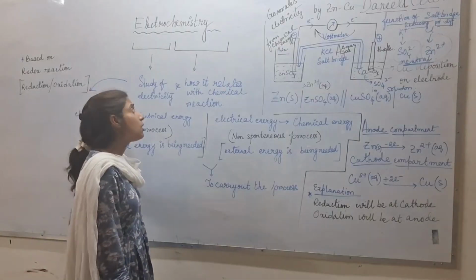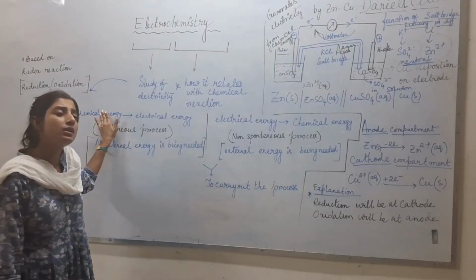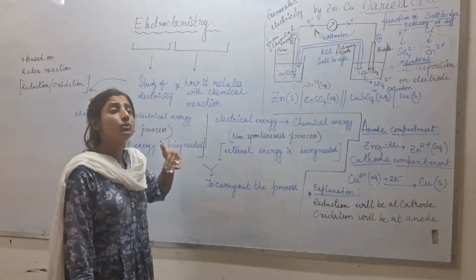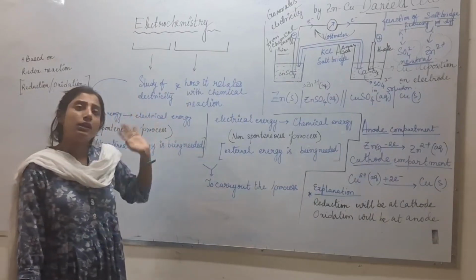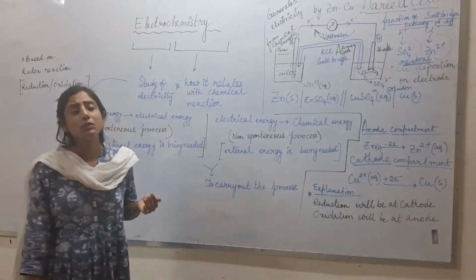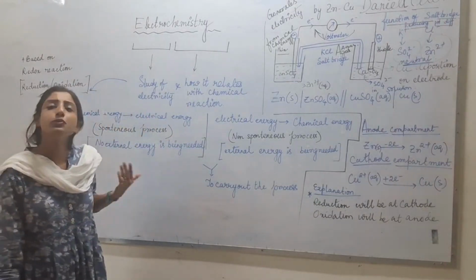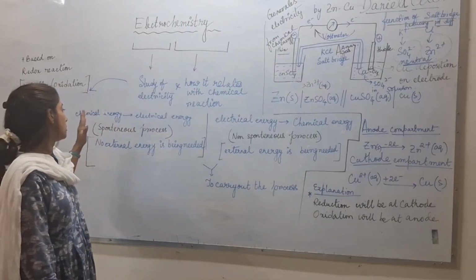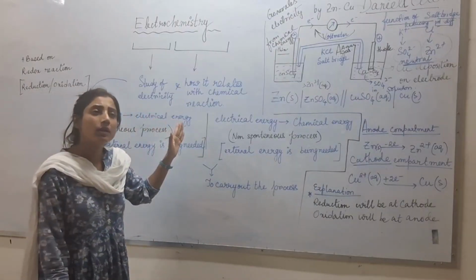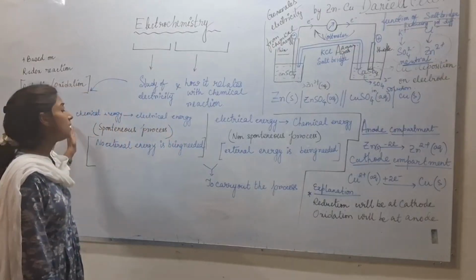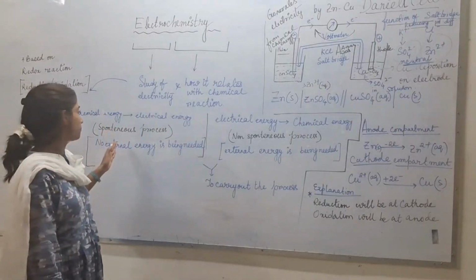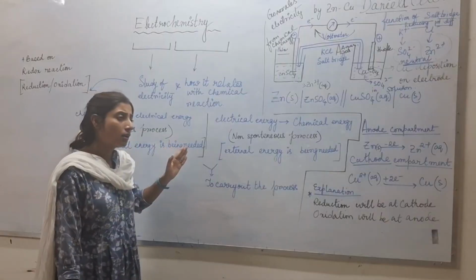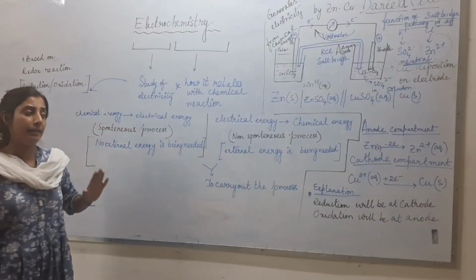Now, why are we going to discuss electrochemistry? What is the necessity, the usefulness? It is that a spontaneous process generates electrical energy from chemical energy, which is needed in our daily life.